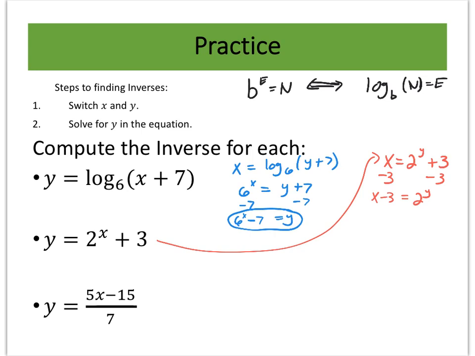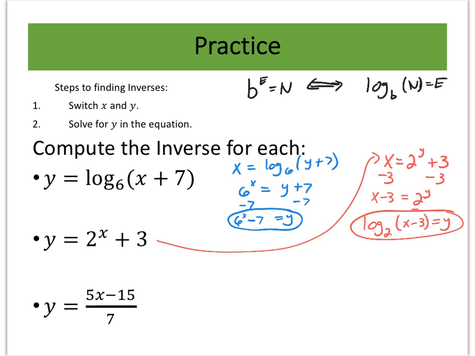And then I'm going to use my property. Well, I've got a base and I've got an exponent, so log base 2 of the answer equals y. And this time it popped right out. So this is your inverse function because we solved for y.